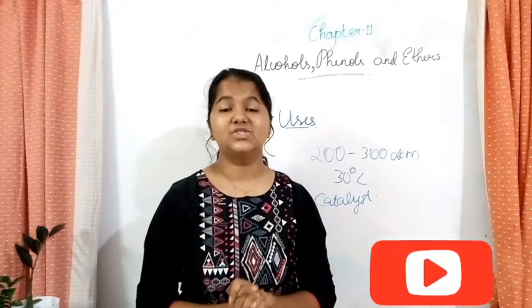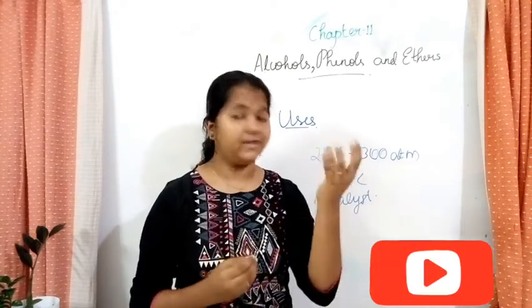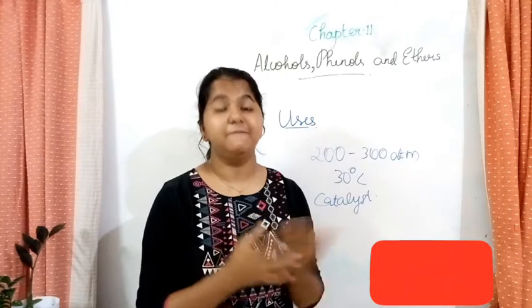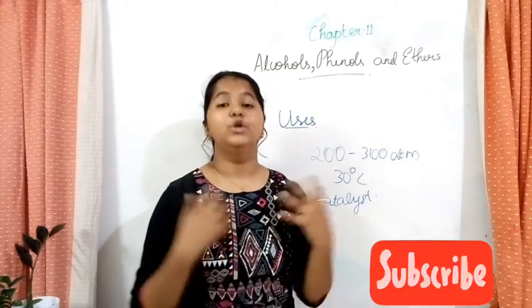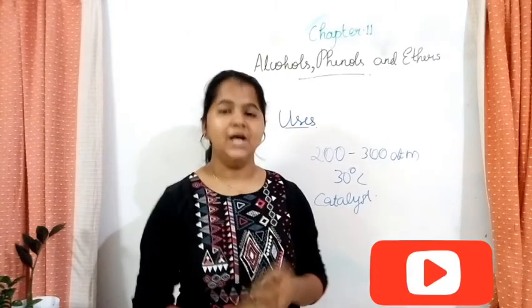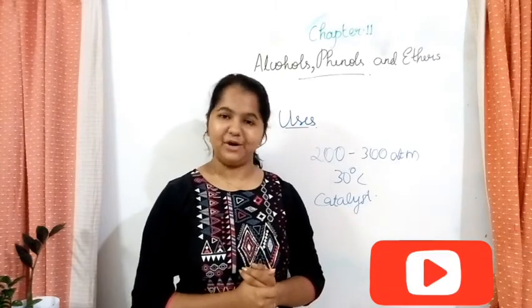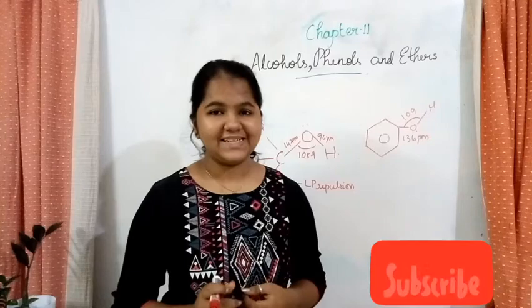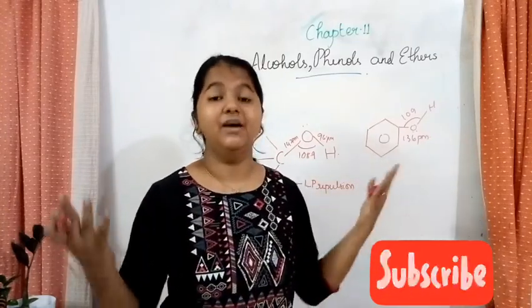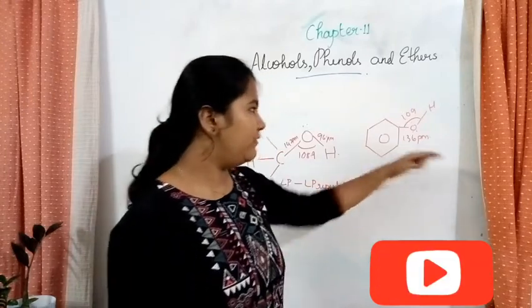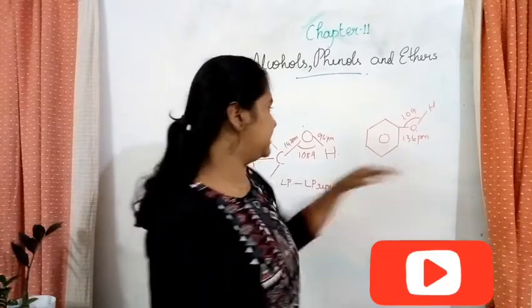Now let's see the structure of each of the principal functional groups which are being attached to these alkyl groups to form alcohols, phenols and ethers. So let's see the structures and then move on with the chapter. Now we'll discuss alcohols and phenols, the structure of the functional group. Over here you can see this is phenol and this is alcohol.